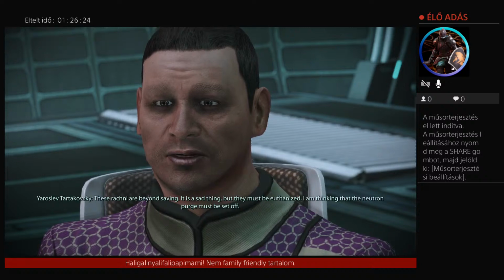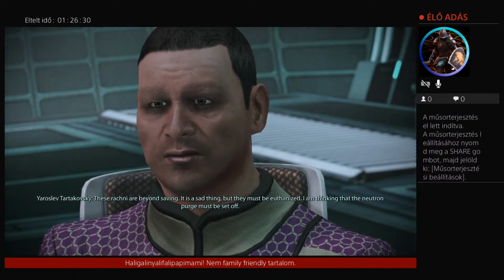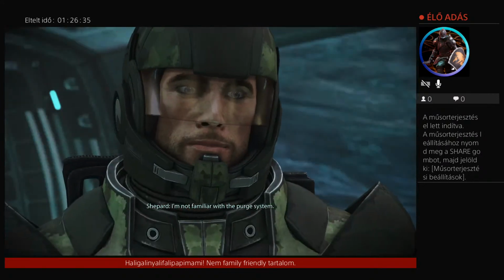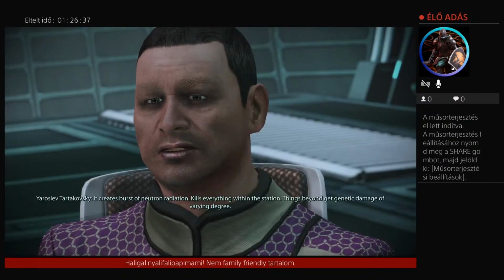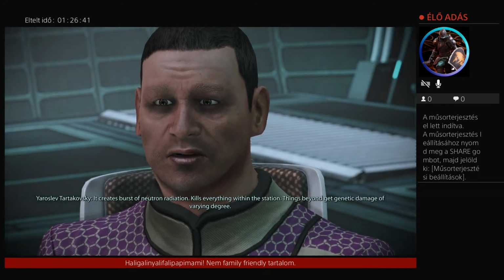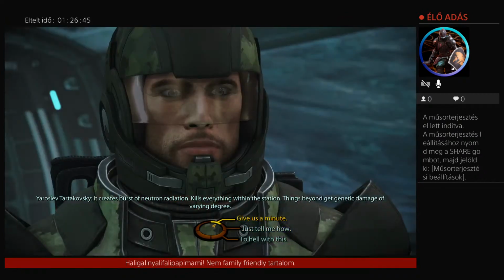These Rachni are beyond saving. It is a sad thing, but they must be euthanized. I am thinking that the neutron purge must be set off. I'm not familiar with the purge system. It creates bursts of neutron radiation, kills everything within the station. Things beyond get genetic damage of varying degree.